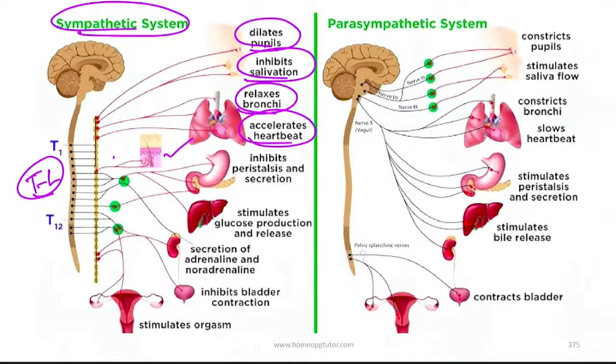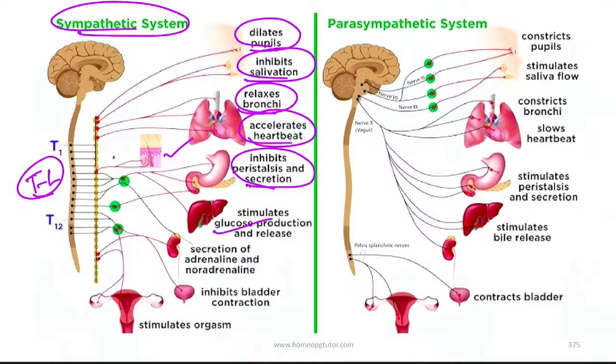Similarly, we do not need to relax and digest our food at that time, so we have to inhibit peristalsis. All the secretions will be reduced. We need more glucose so that our muscles can work properly, so glucose production will be increased.